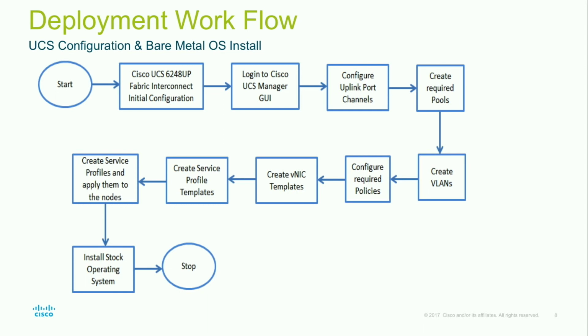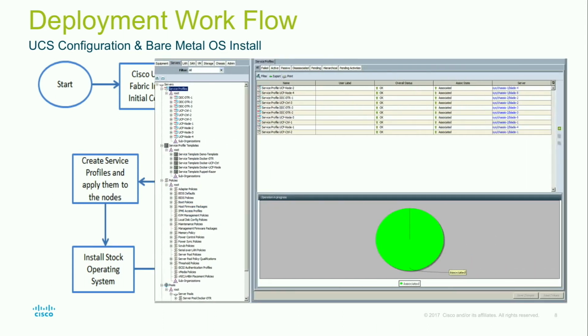As soon as a blade comes in, you just tell it that that particular blade belongs to a pool. The service profile template automatically kicks in and creates a service profile for you. So you can seamlessly scale your environment by using server pools. Once the service profiles are created, you apply them to the nodes. Then the node is ready for the KVM console. You bring it up, apply the operating system, and that's it. That's how the end state looks.